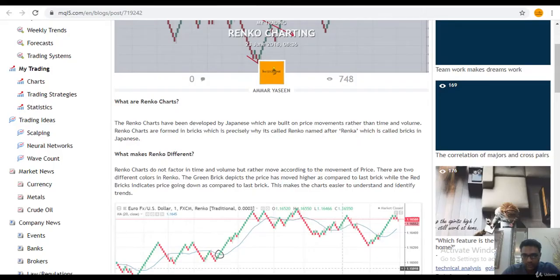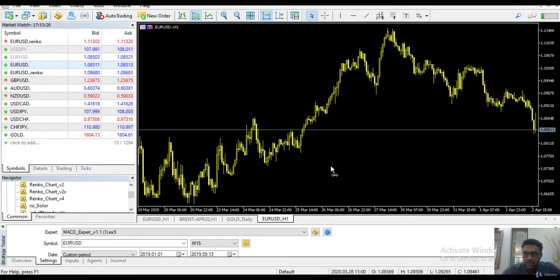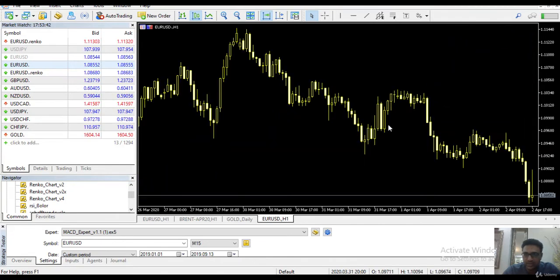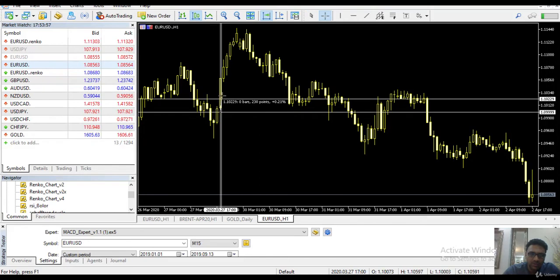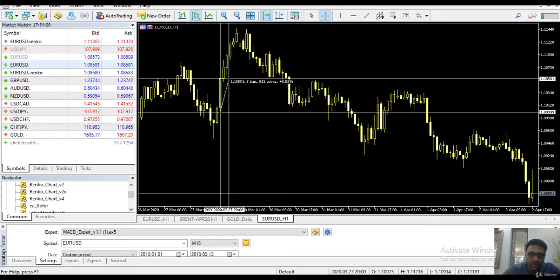Okay, let's move over here. Here you can see we have EURUSD on the H1 time frame, the 1 hour time frame. We know each candle represents one time frame, and that is H1. So if we look at this long candle, we know the candle has moved from this area to this area on the close, and it has moved roughly from the low to the high around 590 points.